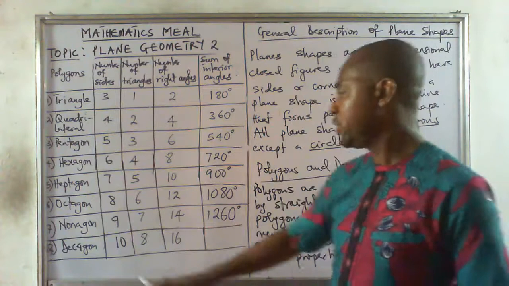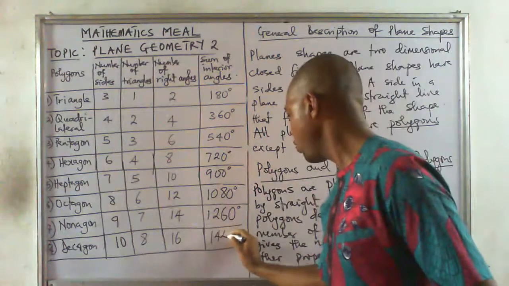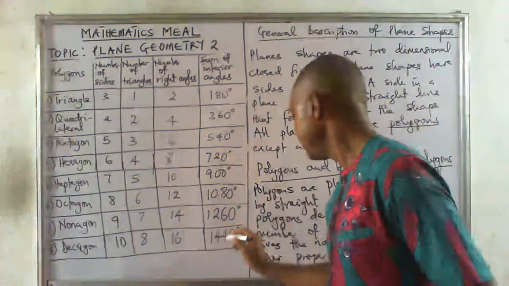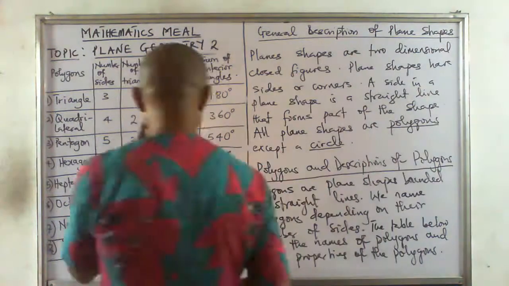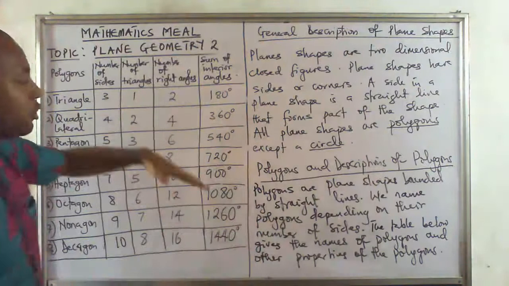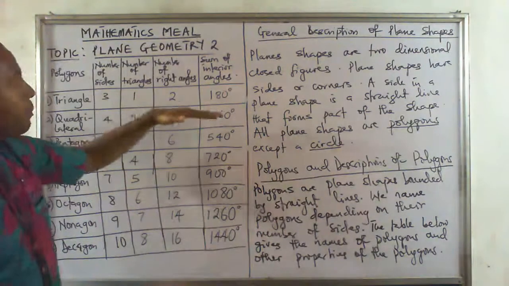And sum of interior angles in a decagon will give us 1440 degrees. Oh, beautiful. It's beautiful. Beautiful. So that's the table that shows us the names of the polygons, the number of sides, and other properties.